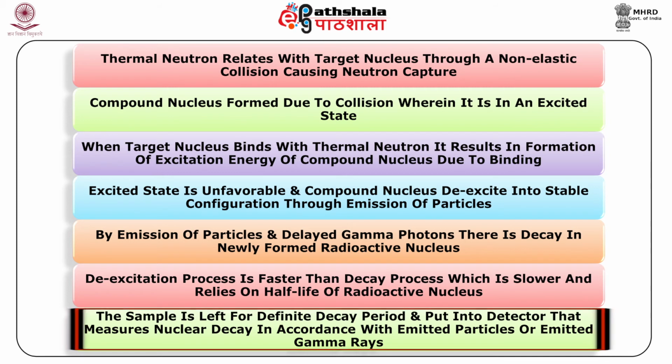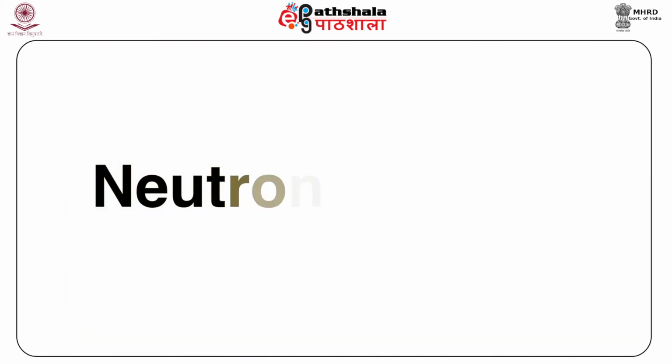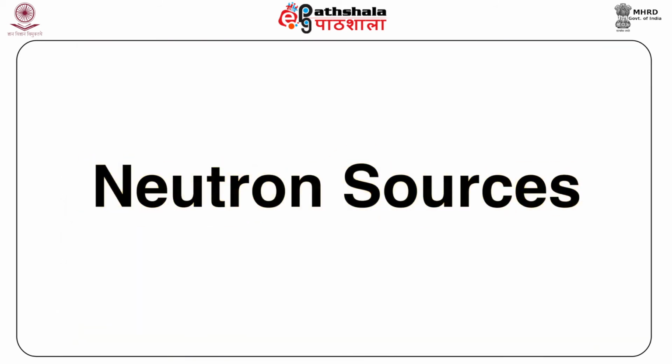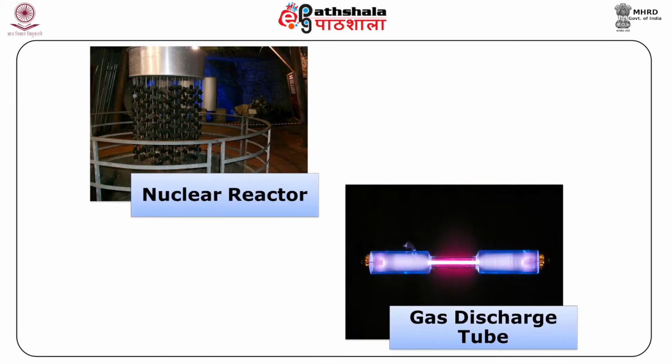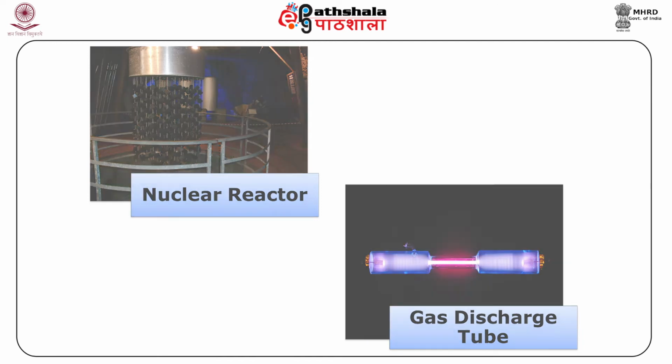After being irradiated, the sample is left for a definite decay period and put into the detector that measures the nuclear decay in accordance with the emitted particles or the emitted gamma rays. Next are the neutron sources: a nuclear reactor and a DT fusion reaction in a gas discharge tube.